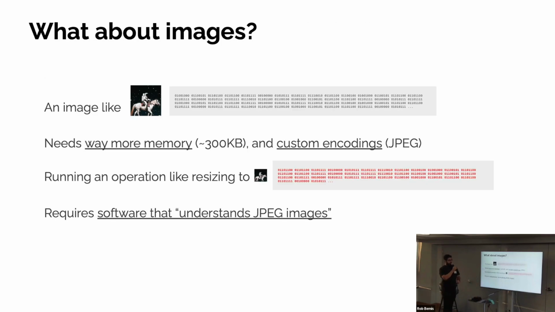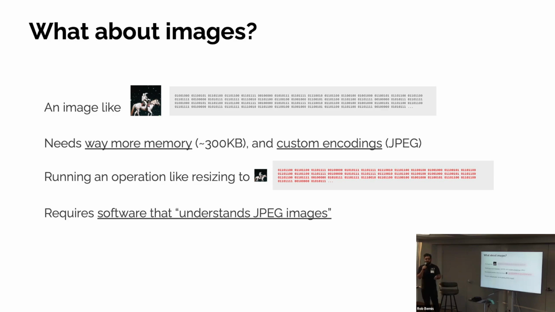Now, what about something like images? Here's an image of an astronaut on a horse. We look at it and we see a series of pixels. We see red, green, blue, aligned in a matrix, and it's represented this way. But we can't store it this way. It's intractable to store everything in its raw, uncompressed form. So to actually store it and send it to different systems, we use an encoding like JPEG.